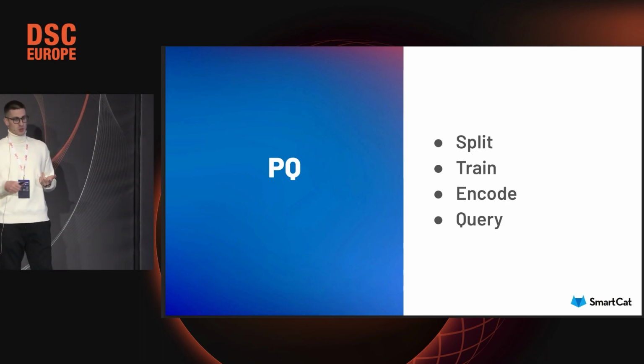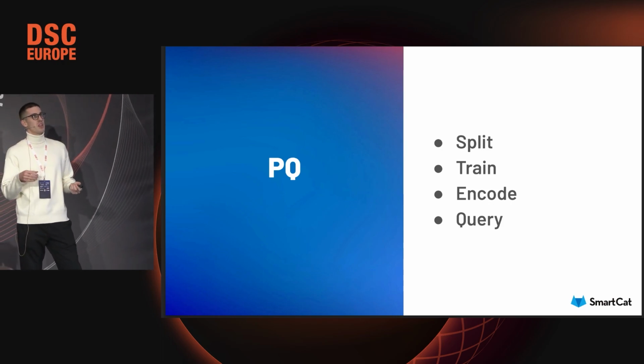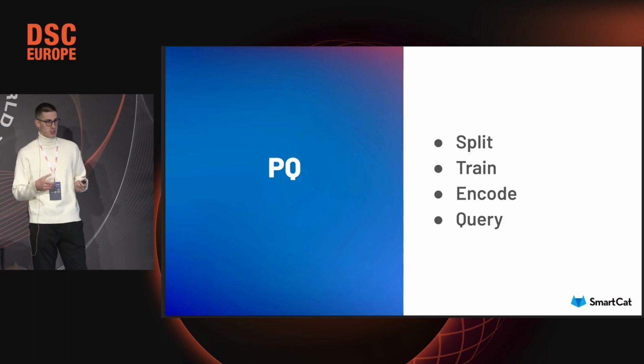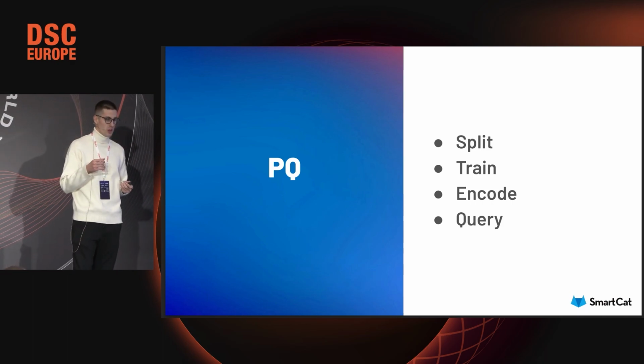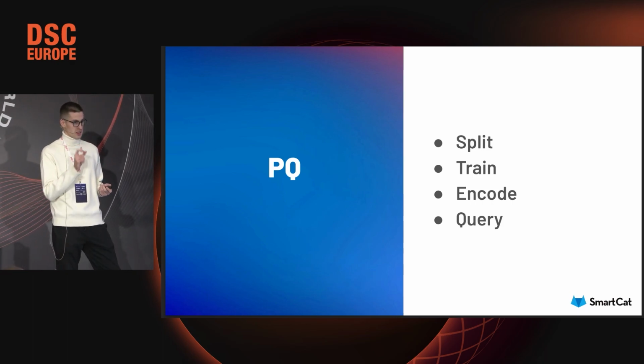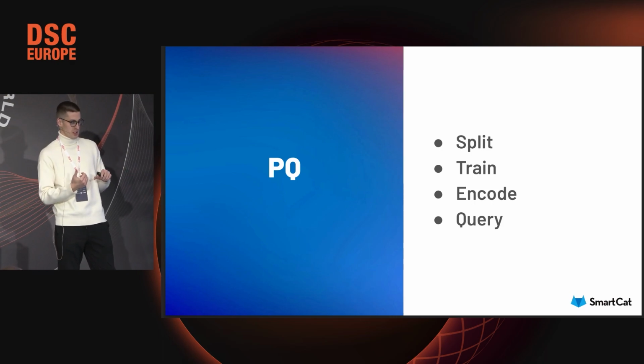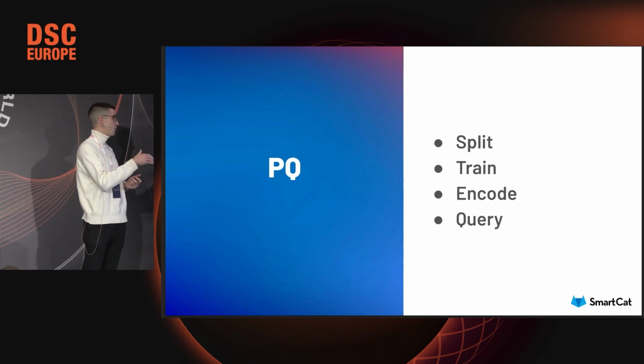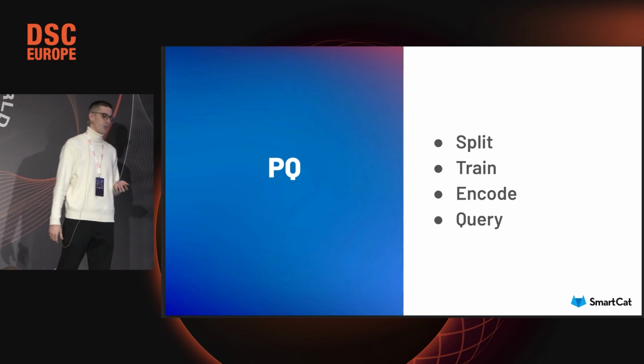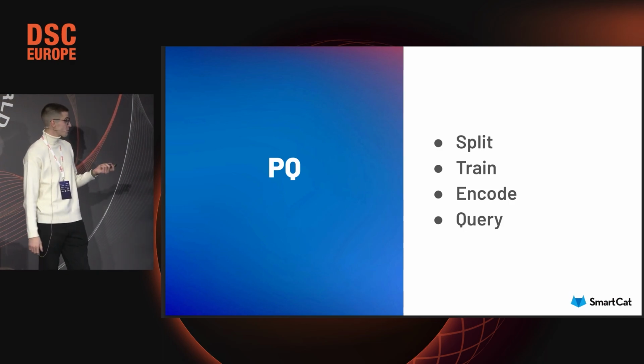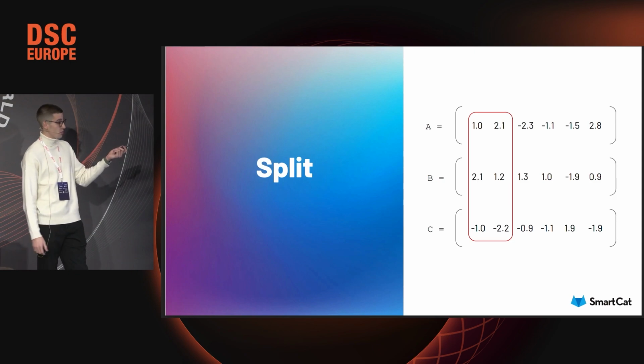The next step is to train some model to, instead of using the original values, learn how to use values from the simpler data types, so ints, to represent these segments. Then we encode the vectors, and the last part is how do we query the encoded vectors. Okay, so let's start off with splitting.